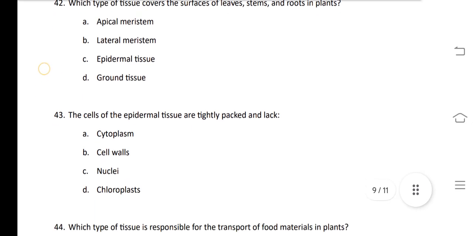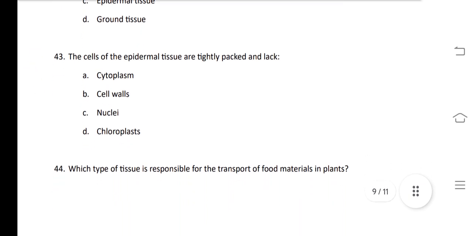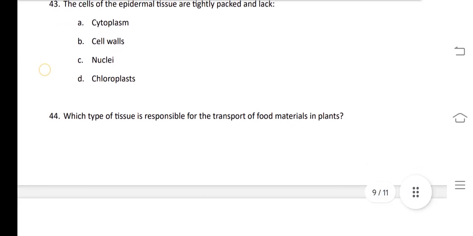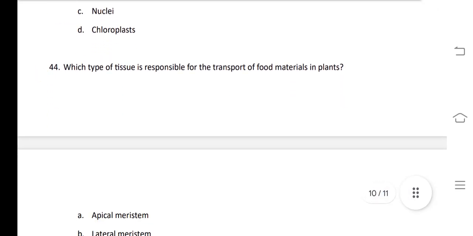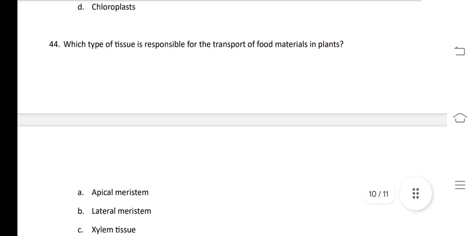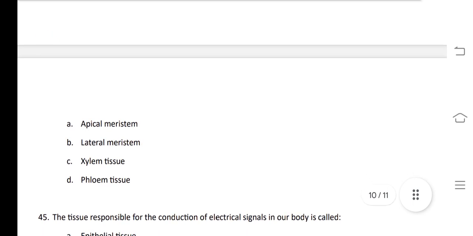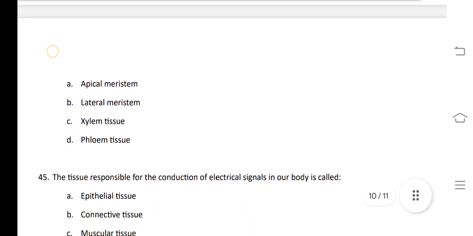Our next question is, the cells of epidermal tissue are tightly packed and lack what? It will lack chloroplast. Our next question is, which type of tissue is responsible for the transportation of food material in plant? Food is transported by the phloem tissue. Answer will be option number D.